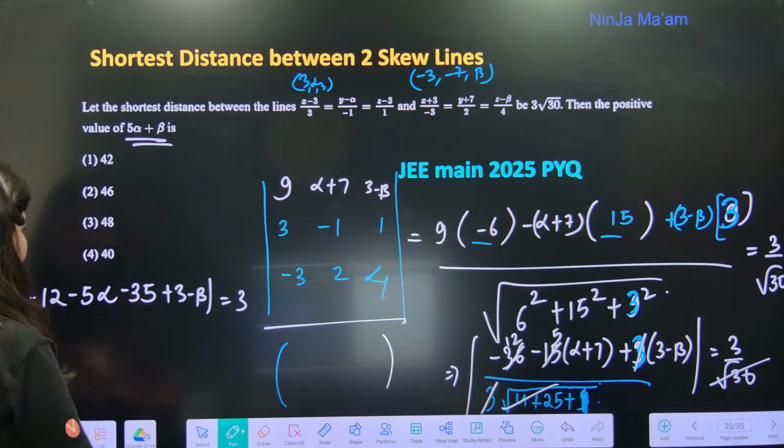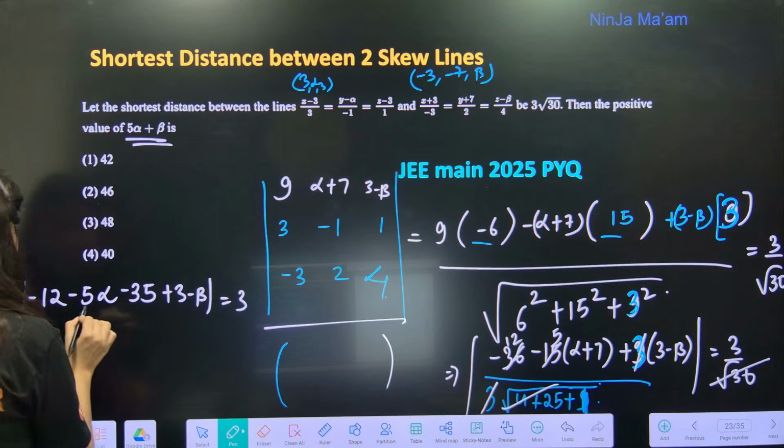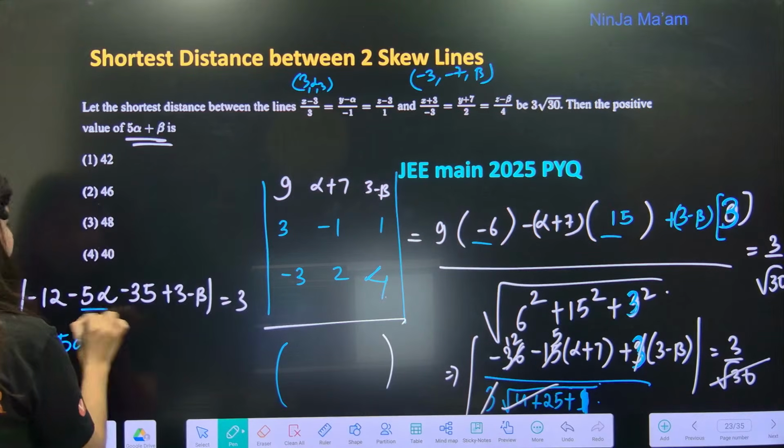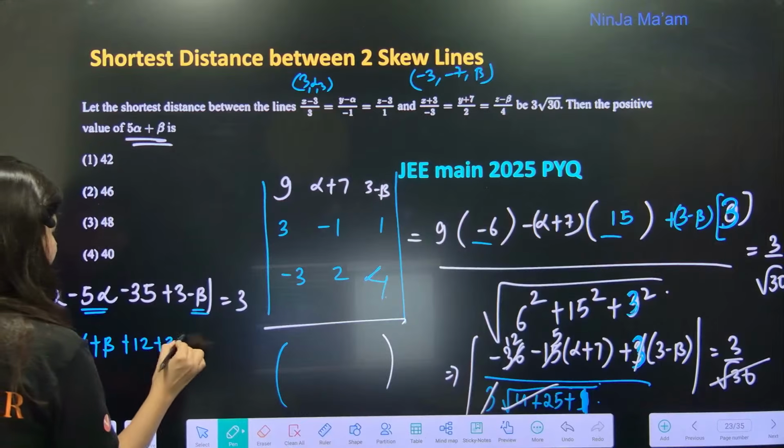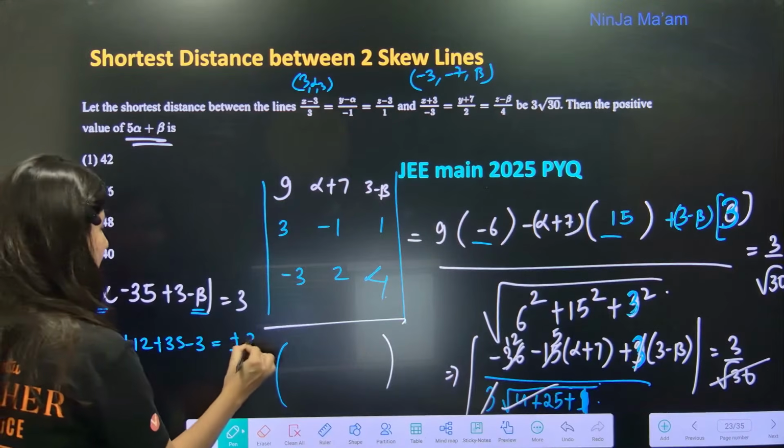I think you should actually shift the plus minus sign to the right hand side. So now it will be 5 alpha plus beta. I'm cancelling the negative sign, and this is going to be plus 12 plus 35 minus 3 is equal to plus minus 3. That we will see.